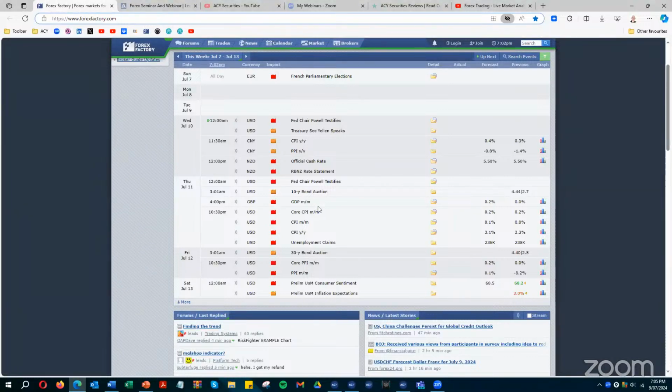Big drivers this week will be the CPI data and the PPI data Thursday and Friday evenings for the US, at 10:30 p.m. and then 10:30 p.m. the following day. All these US items will most definitely drive the market. So just head over to forexfactory.com, set it to your time zone, and know where they're all coming out.